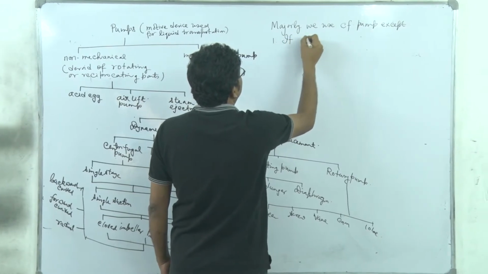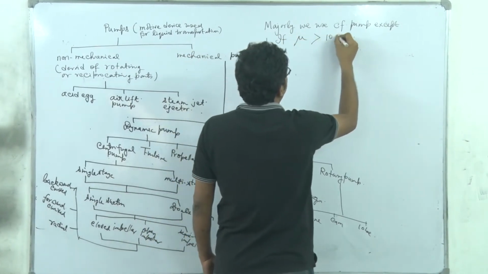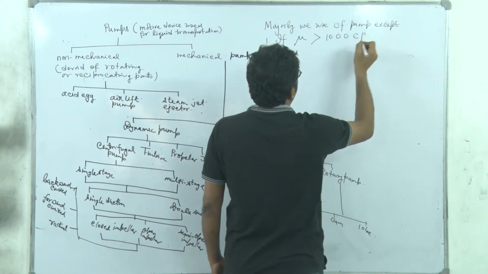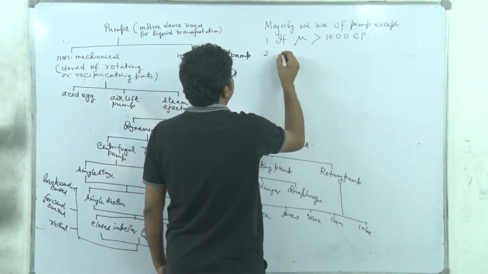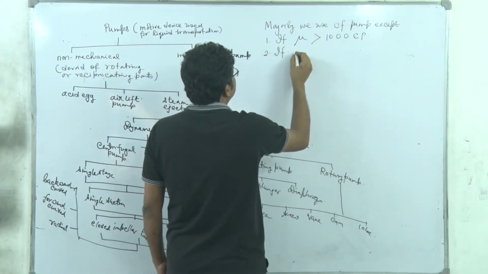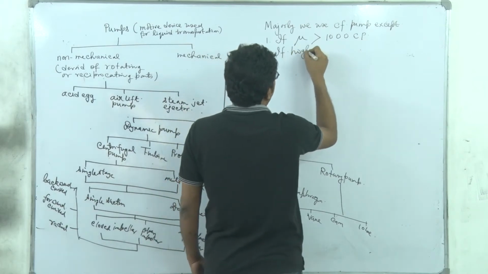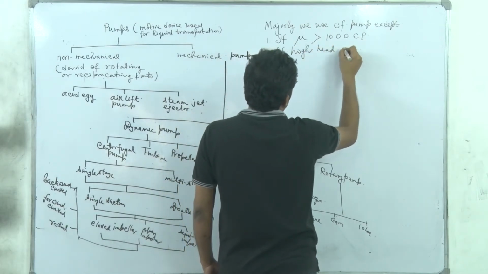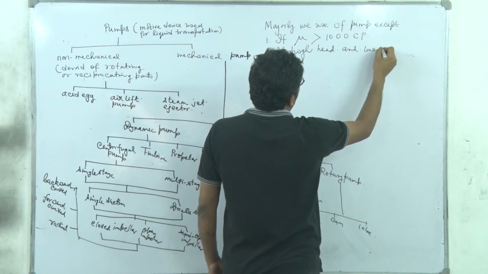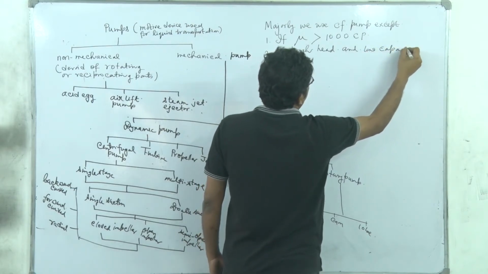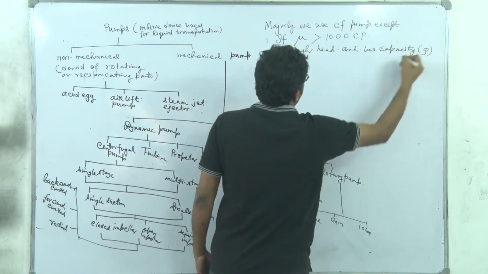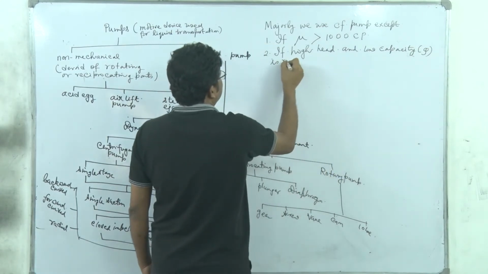If viscosity is greater than 1000 centipoise, 1000 times greater than water. If high head and low capacity, that is a low volume flow rate, is required.